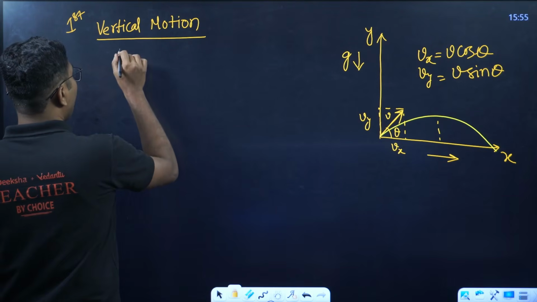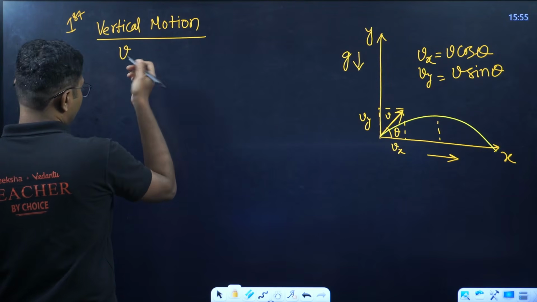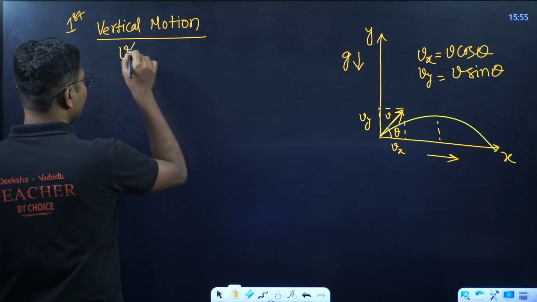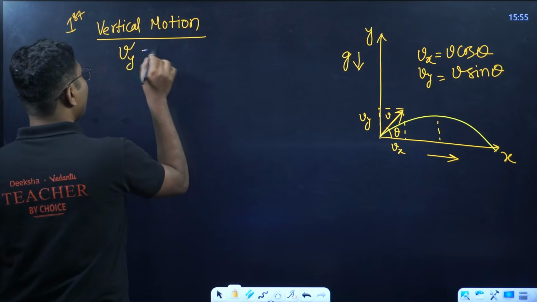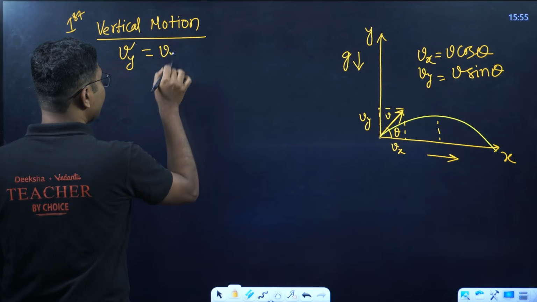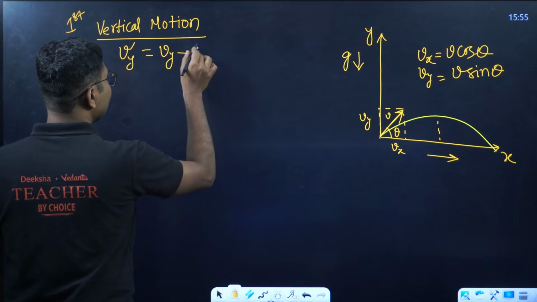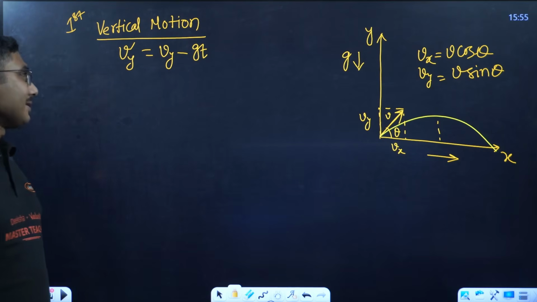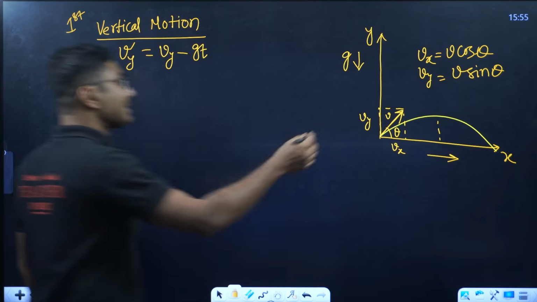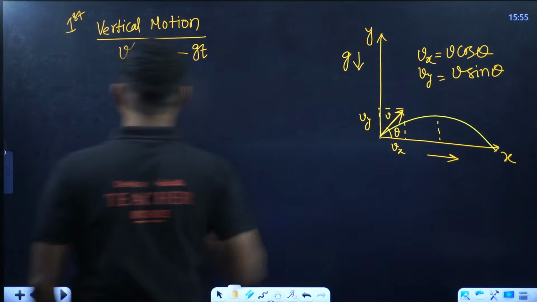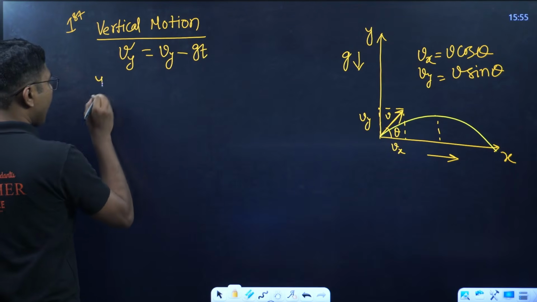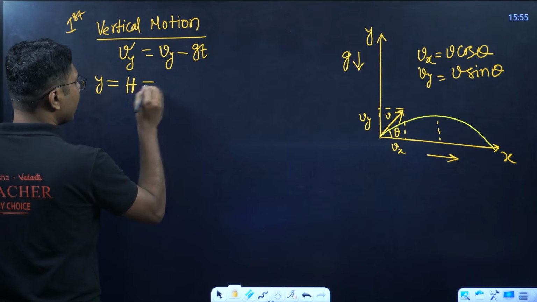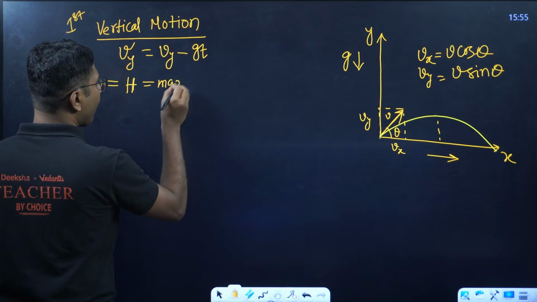Okay, so velocity along vertical, say Vy, final velocity is given by initial velocity minus gt. At the maximum height, when the object reaches maximum height, so y equals h. H denotes the maximum height.